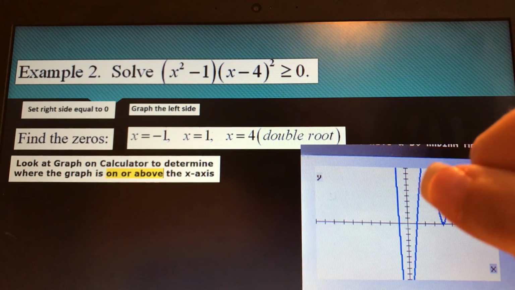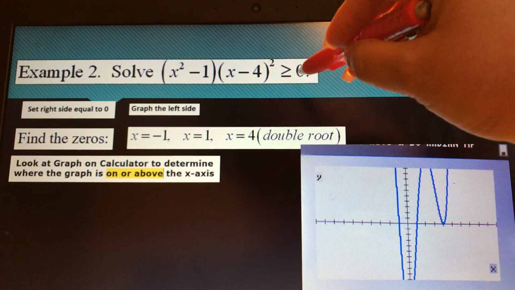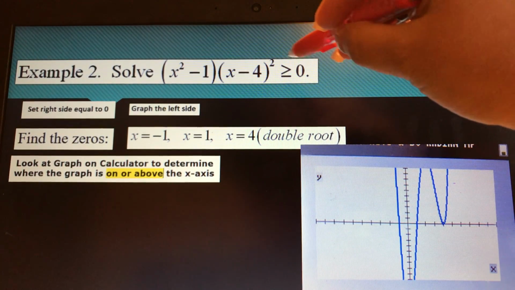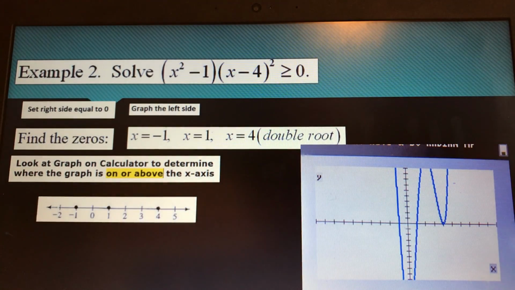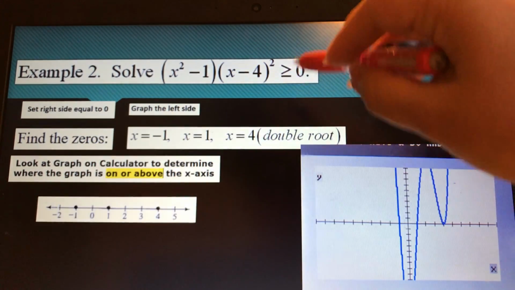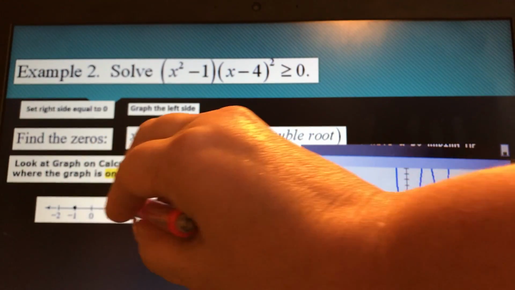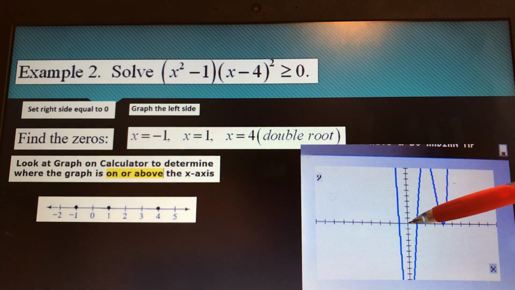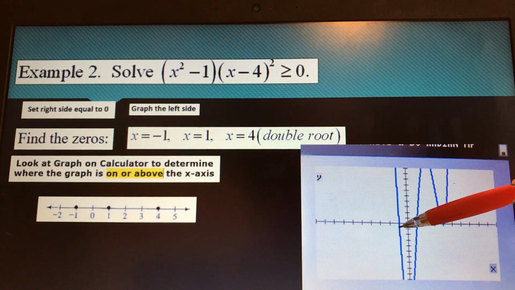Look at the graph on the calculator and determine, now this one, it's greater than or equal to, so we want where is it going to be above the x-axis. So above the x-axis, if I plot my number line, and notice I have closed circles because that's a greater than or equal to. So it's greater than from negative infinity to negative 1.